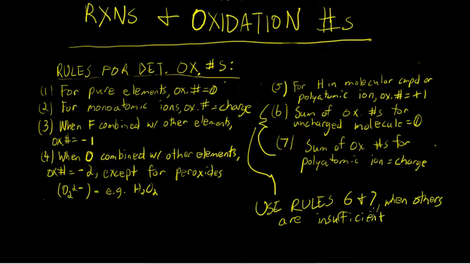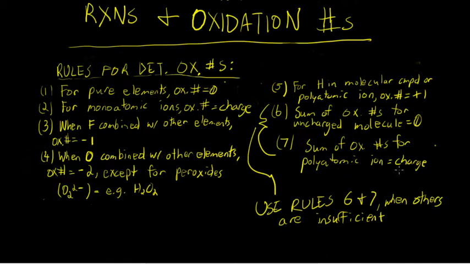And when we go over some examples, this will make sense. But I'll just state them for what they're worth. The sum of the oxidation numbers for an uncharged molecule is 0. The sum of oxidation numbers for a polyatomic ion is equivalent to its charge.